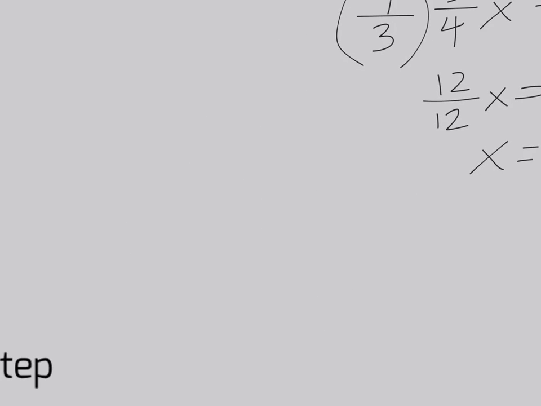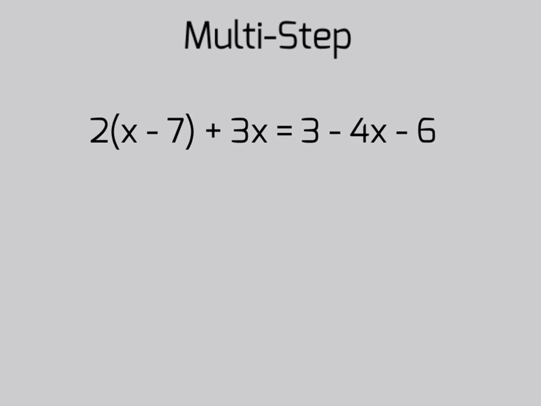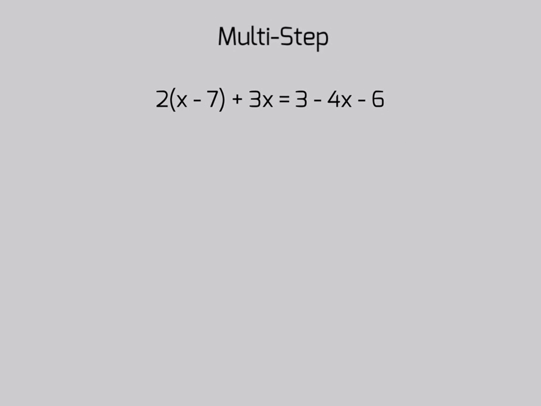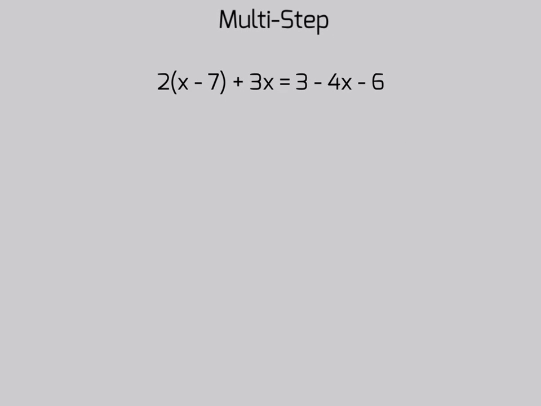Using all this knowledge that we have now, we're going to look at a multi-step equation. There are more steps here, and it could become a little bit more difficult for students. So the steps in doing a multi-step equation. The first step is to distribute wherever you can.